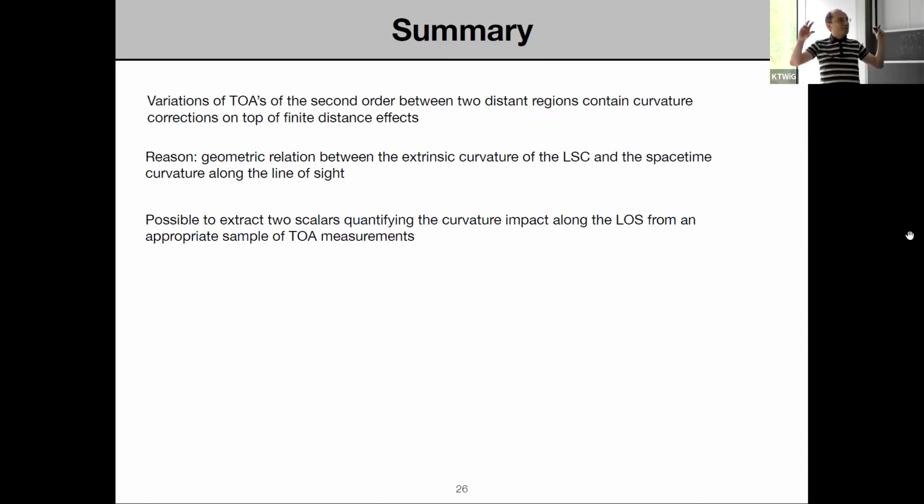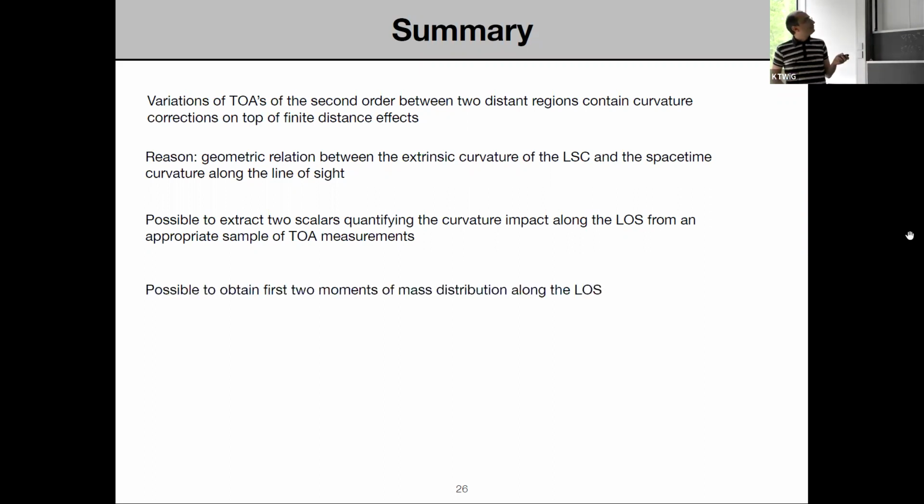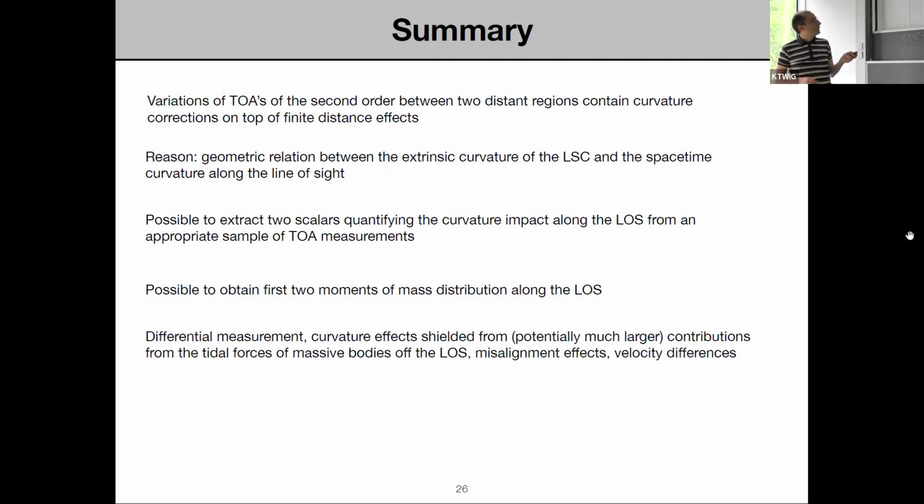And on top of that, it also kills all the geometric effects due to the rotation and angular position of your apparatus, or due to the velocity or proper motions of your apparatuses as well. So only curvature. It's funny because only curvature contributes here. From that, it's possible to obtain the first two moments of the mass distribution along the line of sight.